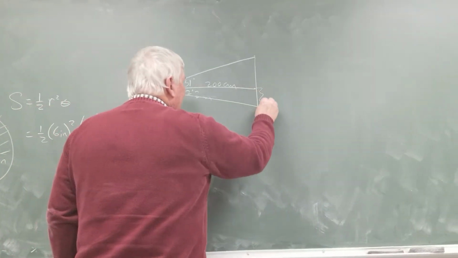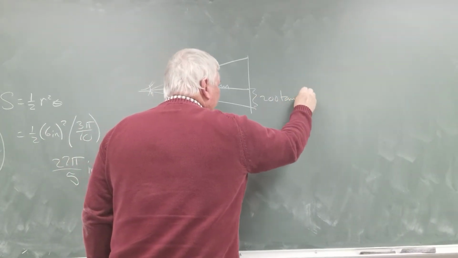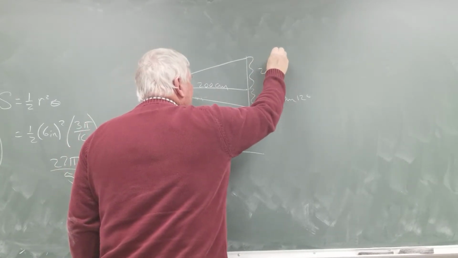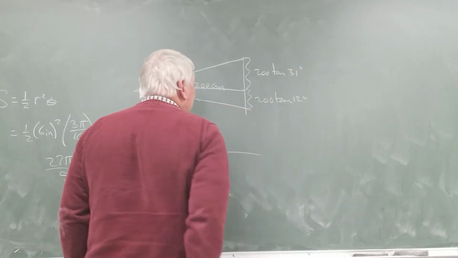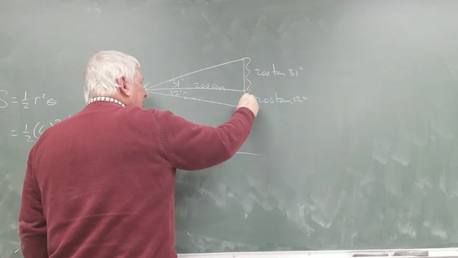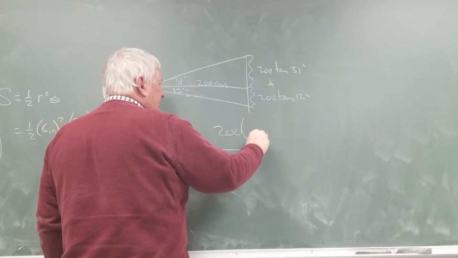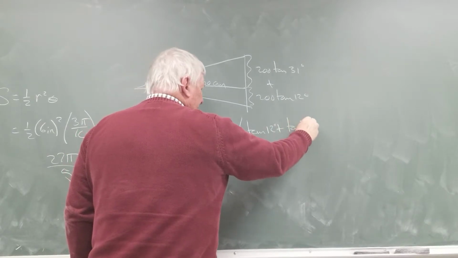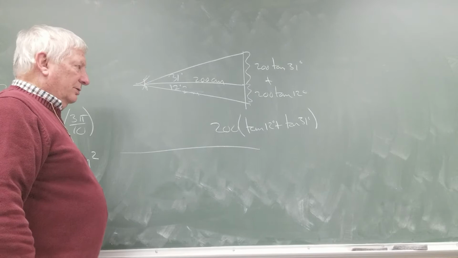So this side is 200 times the tangent of 12 degrees, and this side is 200 times the tangent of 31 degrees. And clearly, to get the right answer here, we're going to add 200 times the tangent of 12 degrees plus the tangent of 31 degrees, rounded to the nearest centimeter.